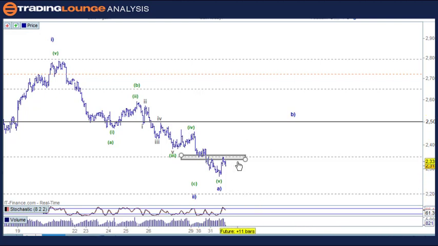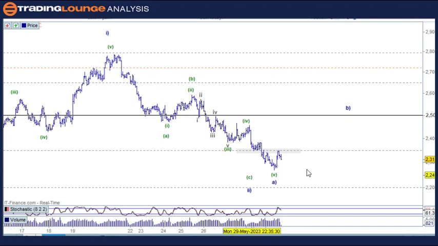This is the 61.8% here. Not that that's a huge deal breaker, but we're not far from it. But it's hard to look at this as an A wave here, a B wave here. That's okay.